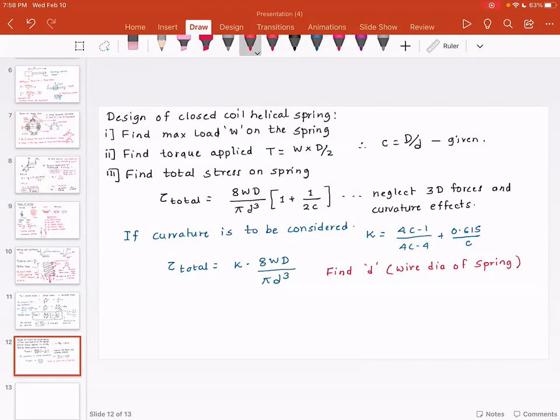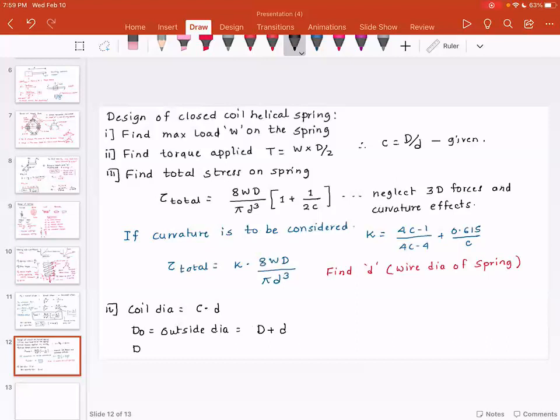Now with this information we should be able to find out the coil diameter. Coil diameter is equal to C multiplied by the wire diameter. Then we should be able to find out the outside diameter, which is capital D plus small d.